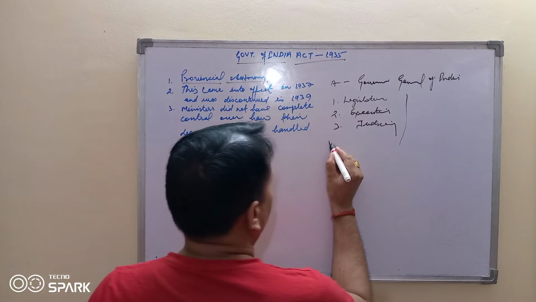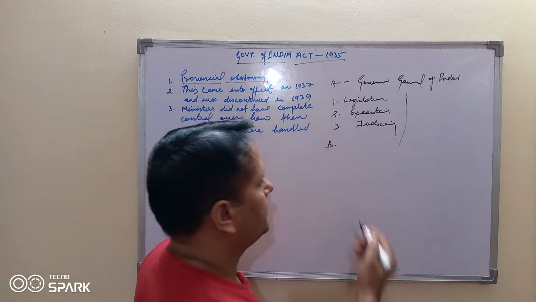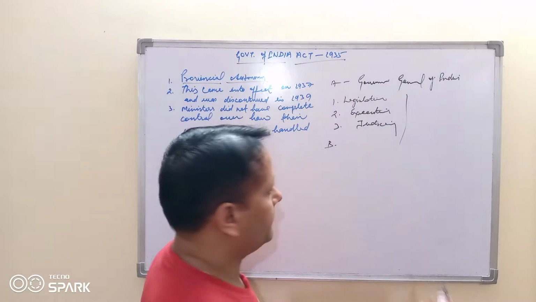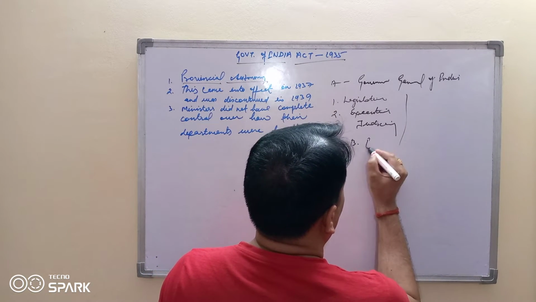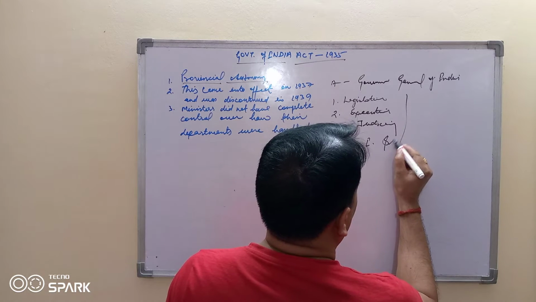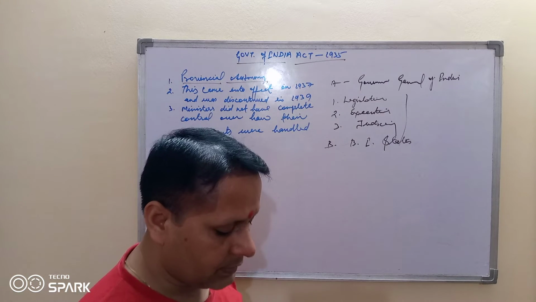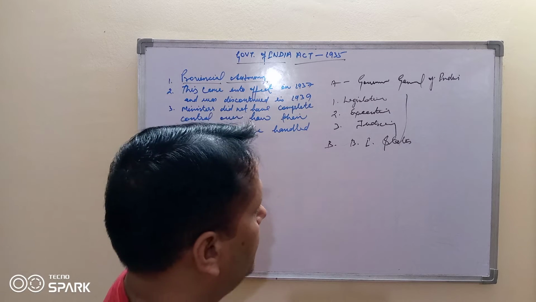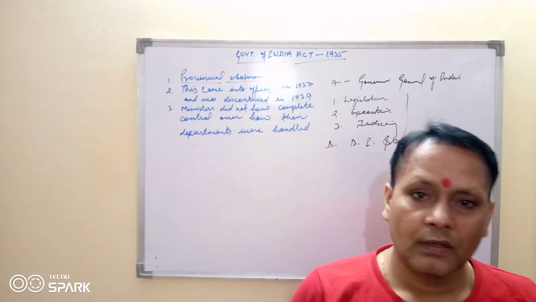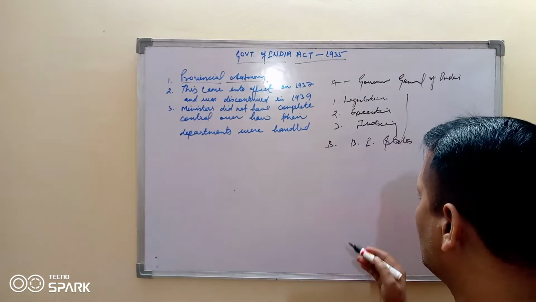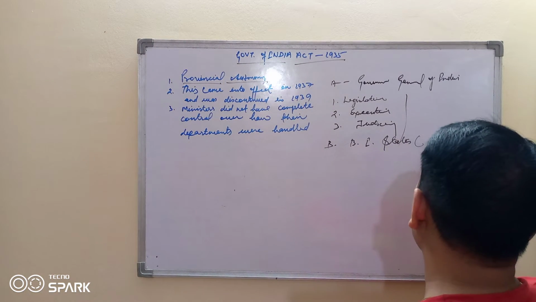And B, British Indian states, that means the governor. Who is the responsible person for the top post? Governor.